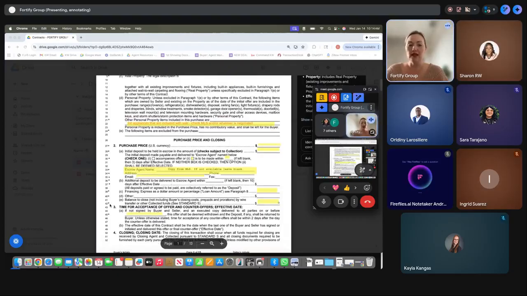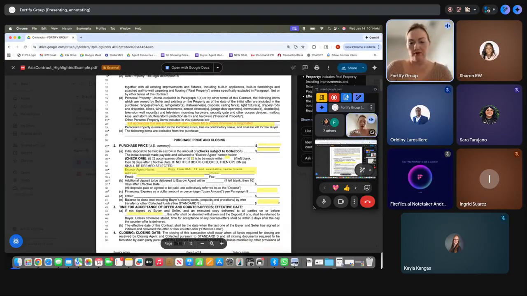So here's the thing. In section 3 of your contract, where it says time for acceptance of offer and counter offers, you date it. If your buyer wants to go ahead and make an offer, but they know that their lease is ending and they're going to need to get something under contract by a certain timeline, you can still date it for 2 days, 3 days, 5 days.